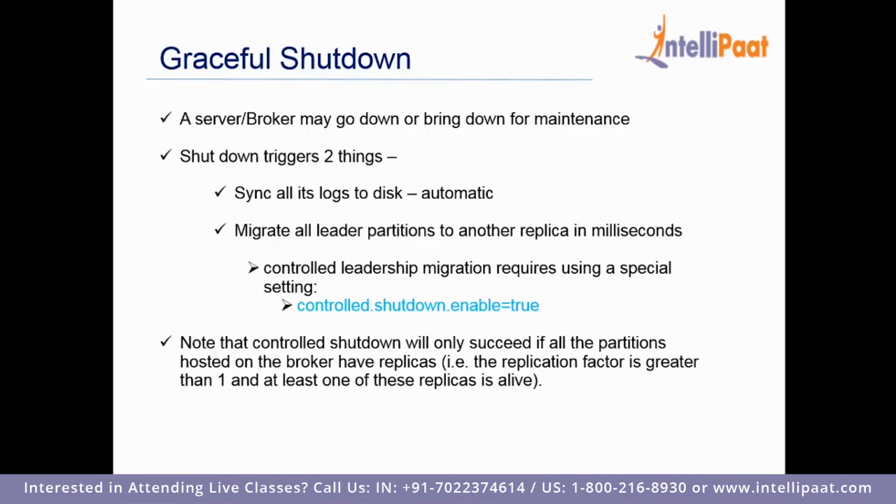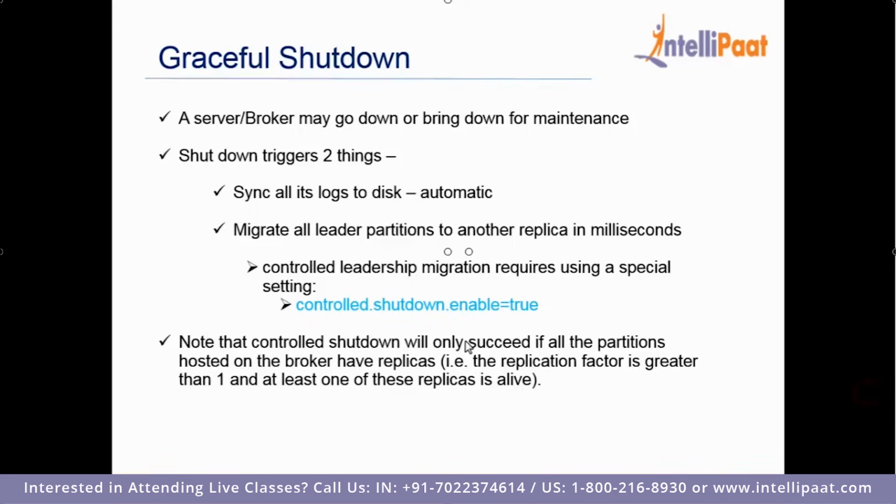So what will happen when a broker goes down or we take it down? Two things happen. First is to sync all its logs to disk. It will be done automatically by Kafka. The second thing is to move all the leader partitions from that down node to the rest of the nodes.